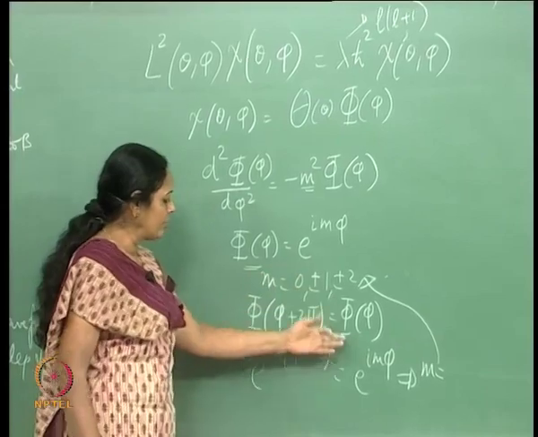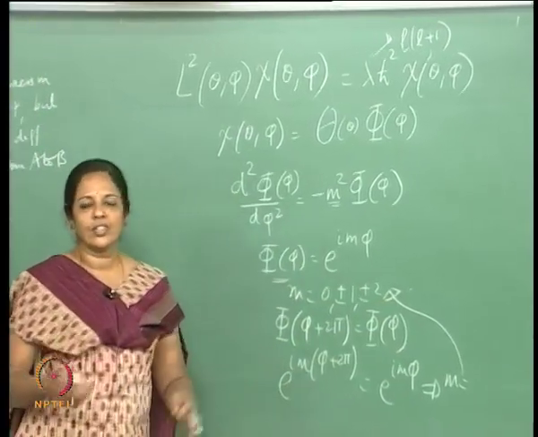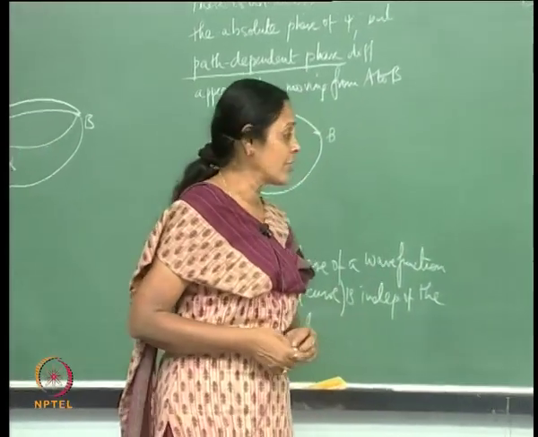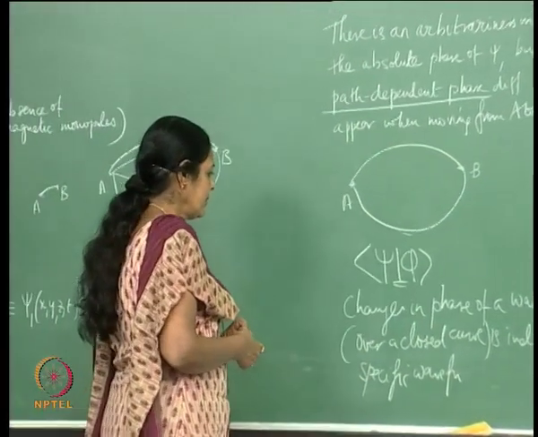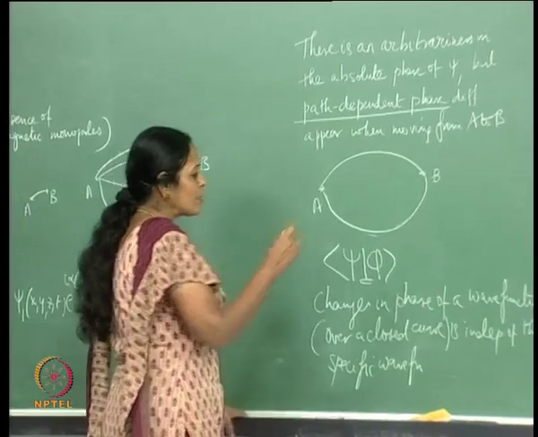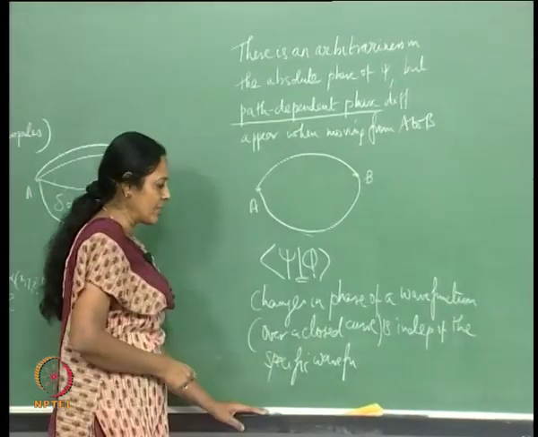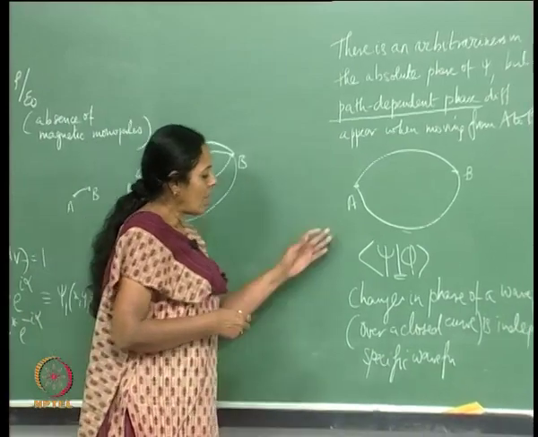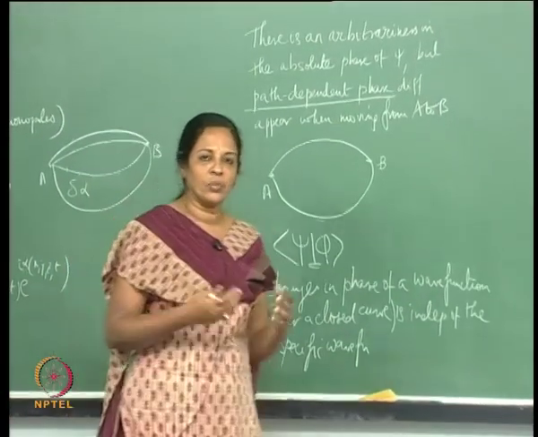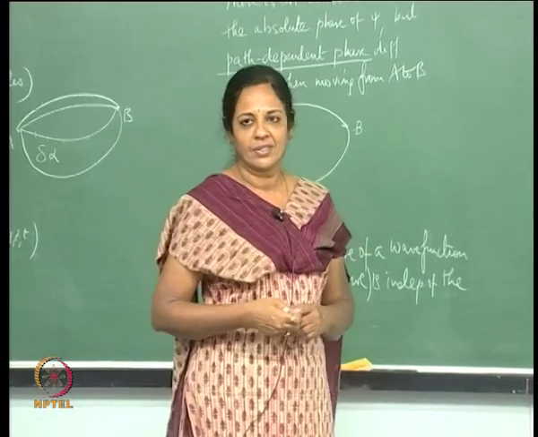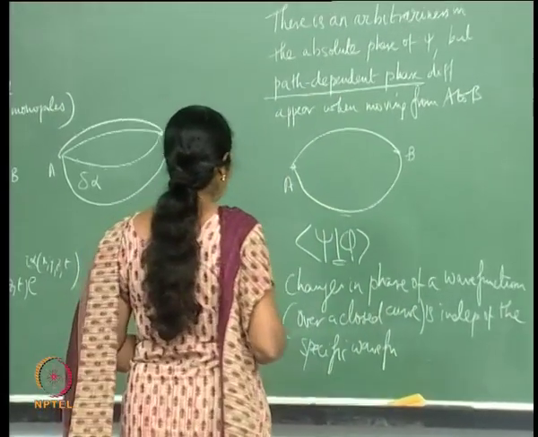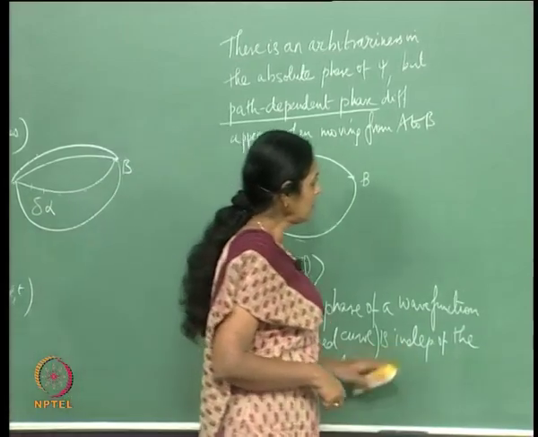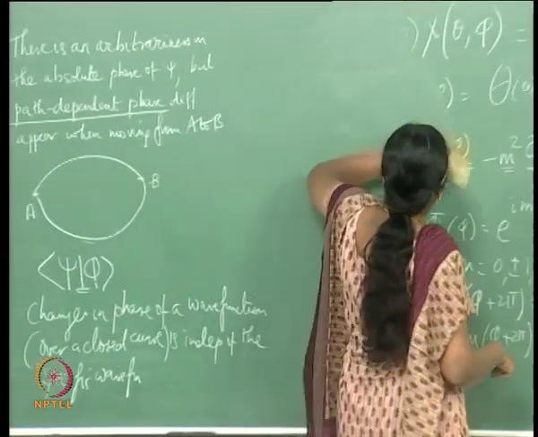The change in phase has to be integer multiples of 2 pi, so that there is single valuedness of the wave function, and so on and so forth. But that is because of an arbitrariness in phase. I am now talking about a different issue. How could this change in phase of the wave function have happened? It could happen for the following reason, and that is what I will illustrate now.